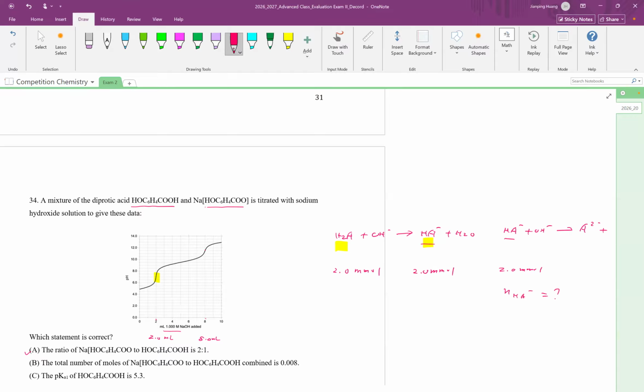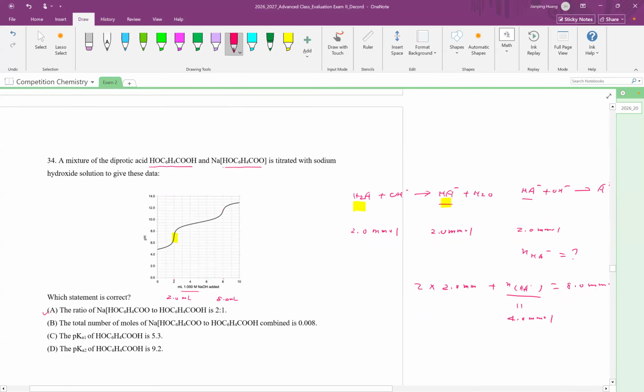So should it be 2 times 2 millimole plus N original equal what? Equal 8 millimole. So you calculate that one should be 4 millimole. The ratio should be 1 to 2. This should be 2, this should be 1. All questions can change. That's the way to do that.